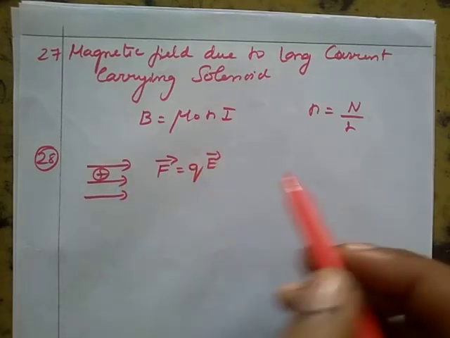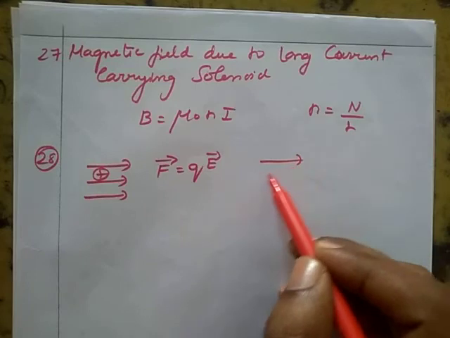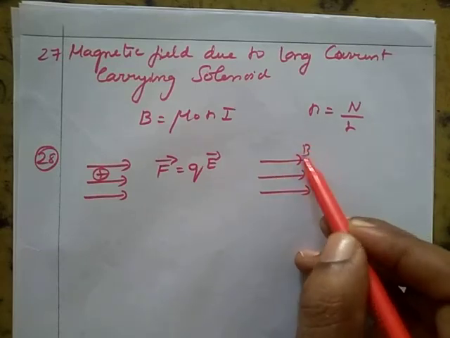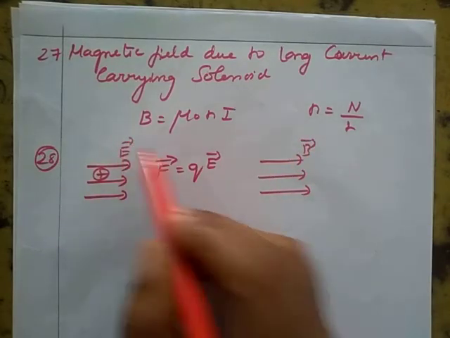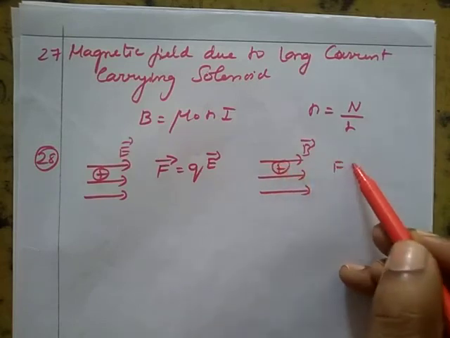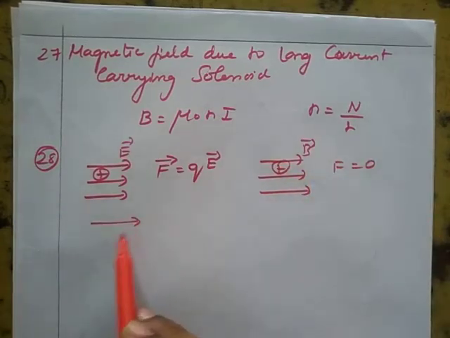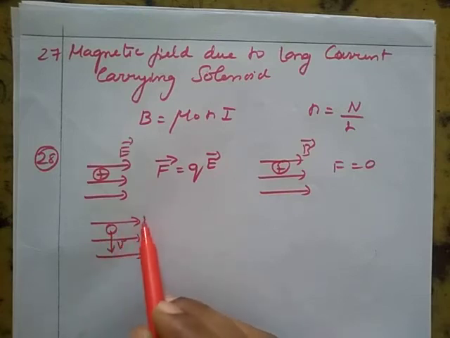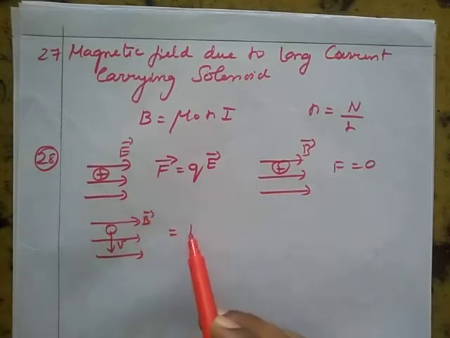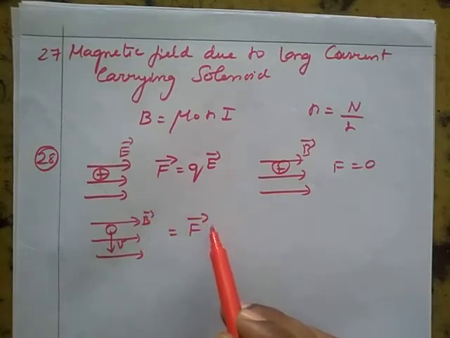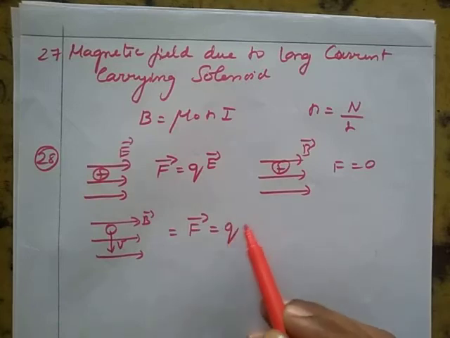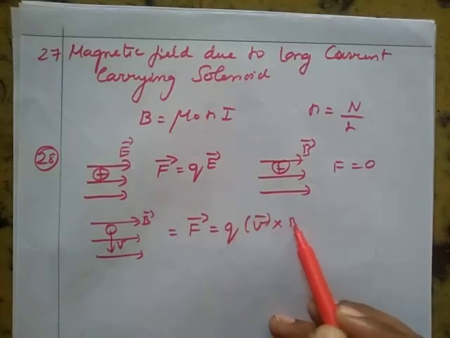But if the same charge is placed in a magnetic field at rest, it does not experience a force. The force on the charged particle will be 0. If the same charge moves with velocity v in a magnetic field, it experiences a force, known as the magnetic force, F vector is equal to q v vector cross B vector.